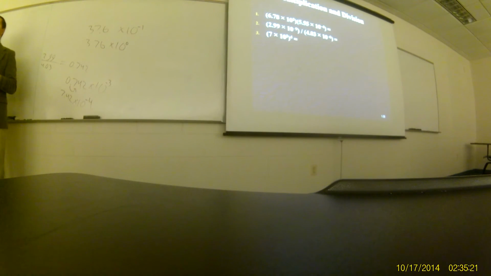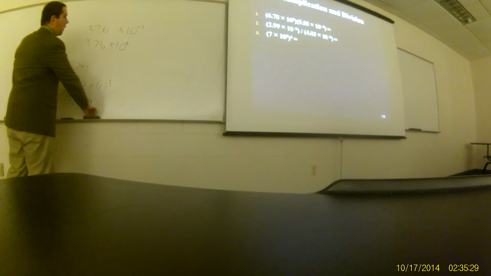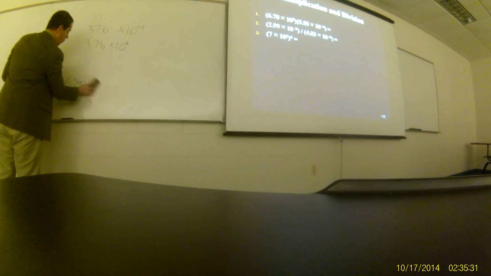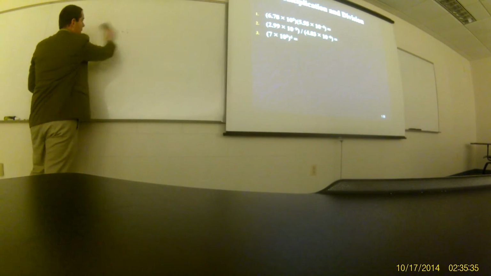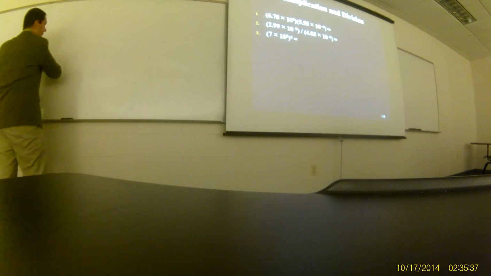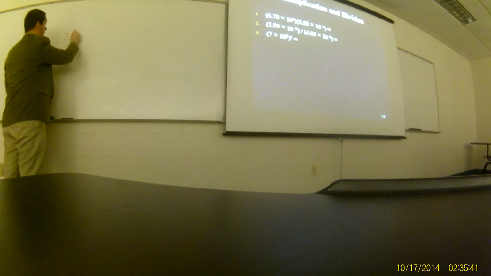Do we have the right sig figs? Yes. Those both have 3. Our answer has 3. What about the third one? What do we do with our coefficient there? We raise it to the 4th power. So what is 7 to the 4th power? 2401.